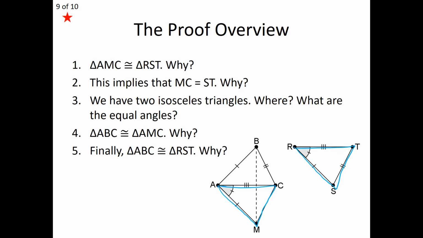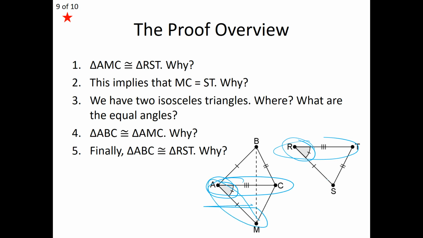I know those two triangles are immediately congruent. And why is that? Let's take a look at what we have. We're given that AC is equal to RT. That's one side. We constructed angle A to be the same measure as angle R, and we constructed AM to be the same measure as RS. So what does that mean to us? That means we have side, angle, side.